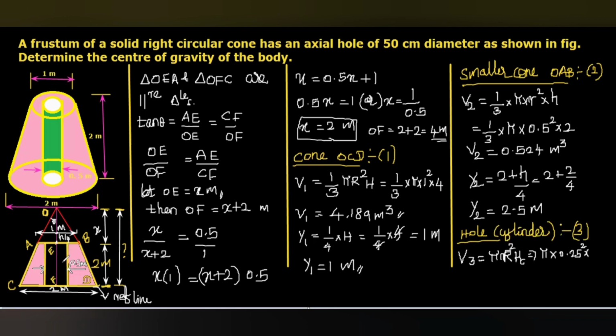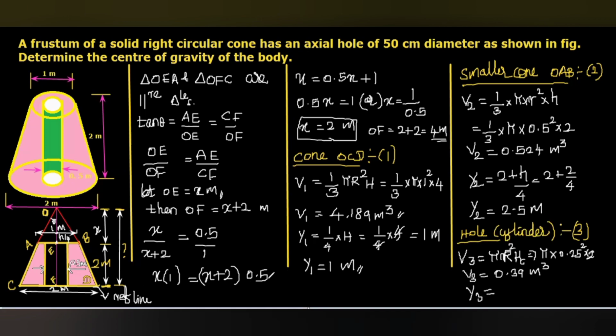Height of the cylinder, that means this axial hole, EF, is 2 meters. By simplification, we will get V3 equal to 0.39 meters cube.